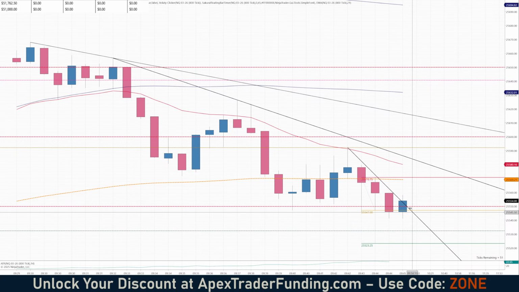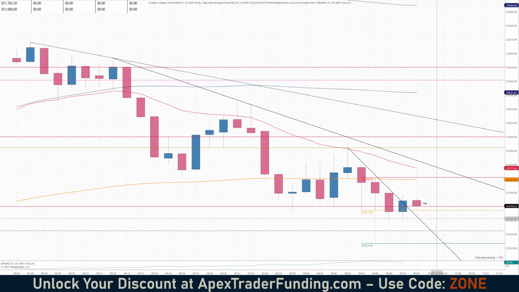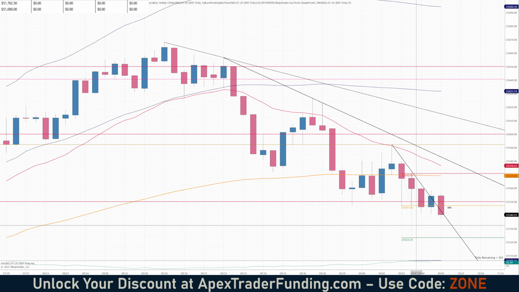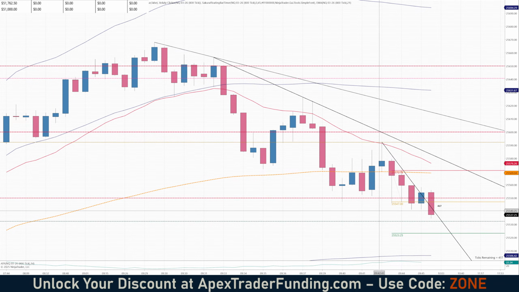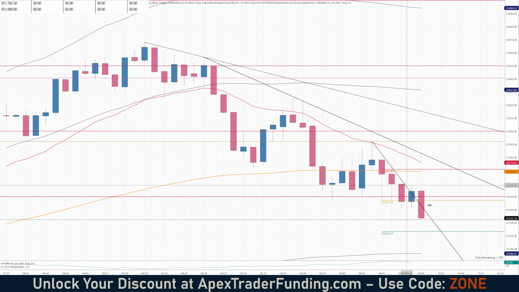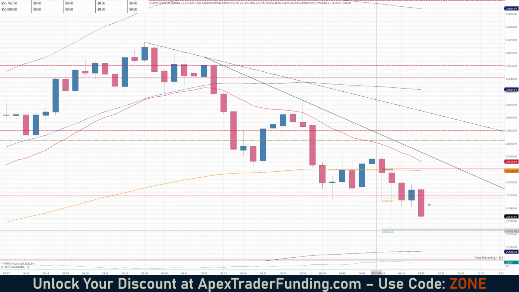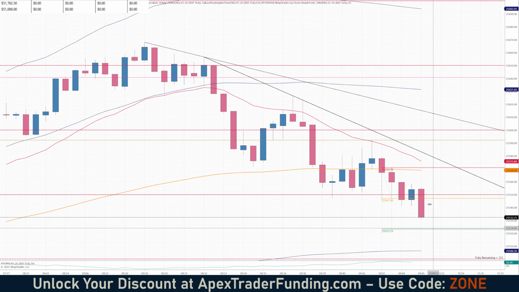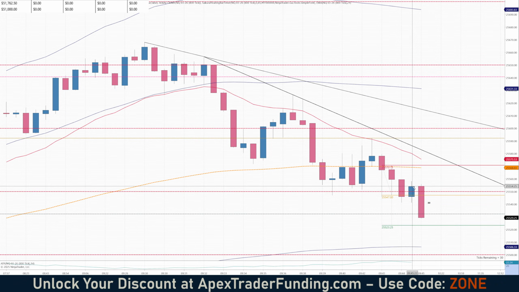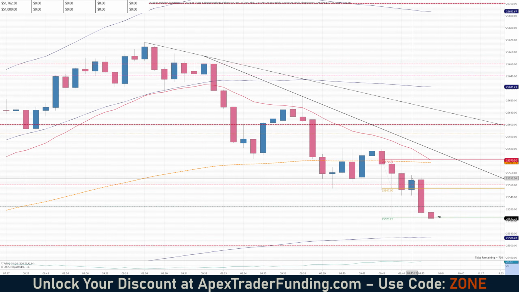So this is a very tricky spot right here too. All right, looks like we're going to go down some more and probably try to tag this target at 523.25. And there it is.